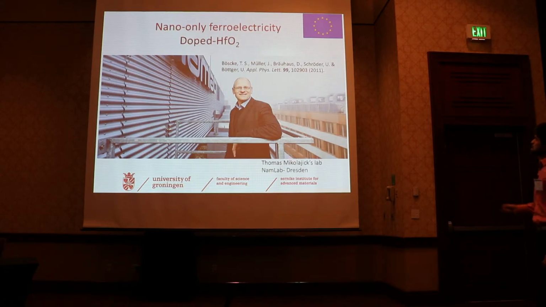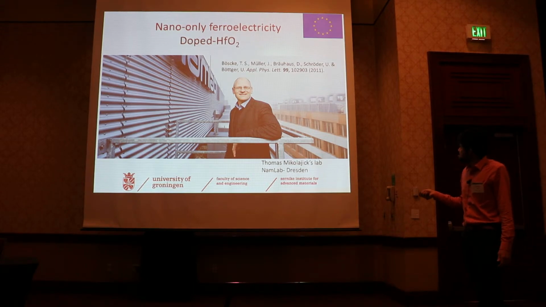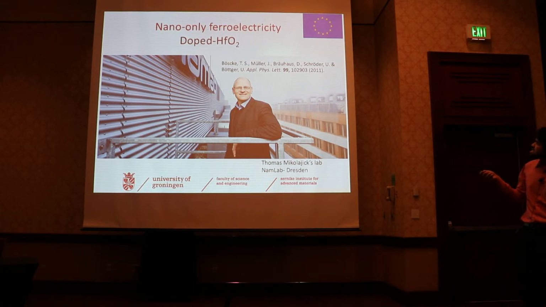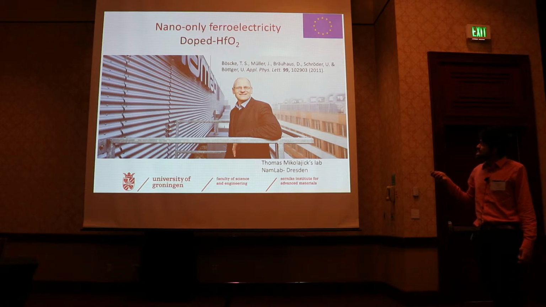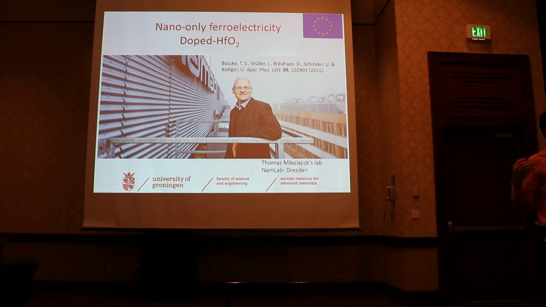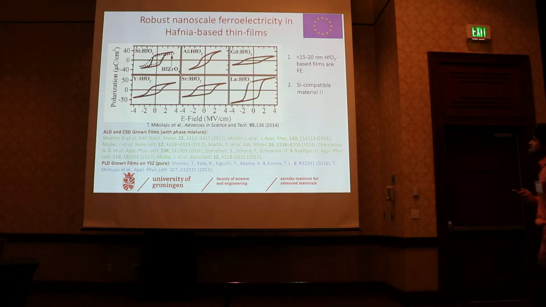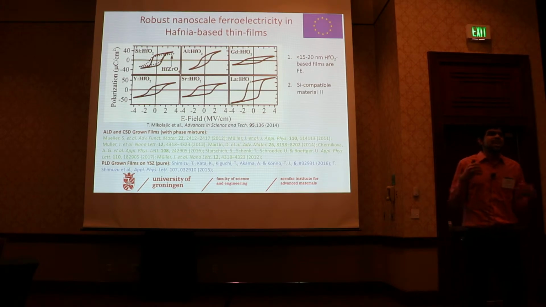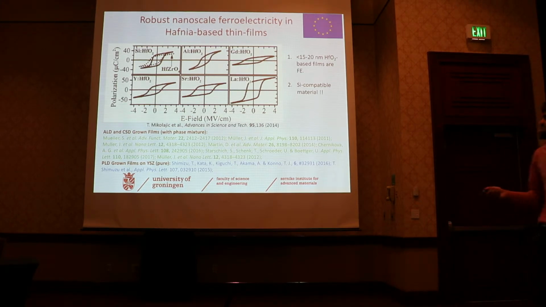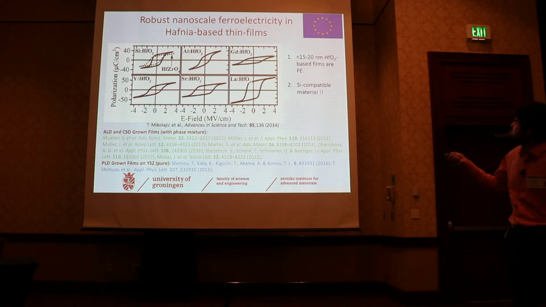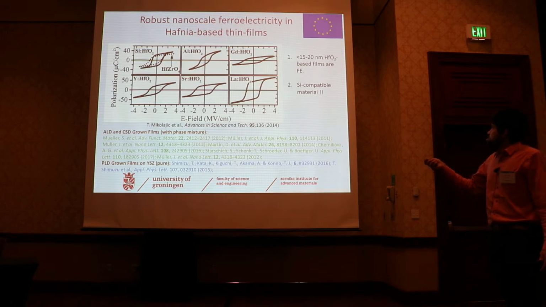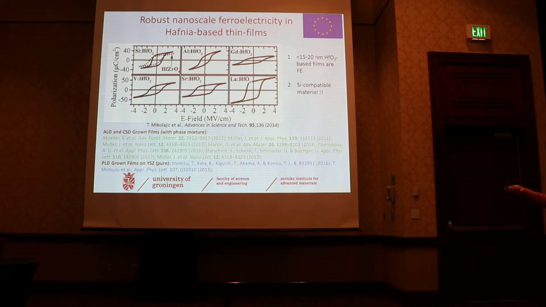But apparently in 2011, the NaMLab from Germany discovered that there is this functionality of ferroelectricity in doped hafnia-based oxides, and this is only ferroelectric at the nanoscale. Okay, so this is quite contrary to our conventional understanding of ferroelectricity, and many groups ever since have shown that you can use several dopants, and then they show robust nanoscopic ferroelectricity.